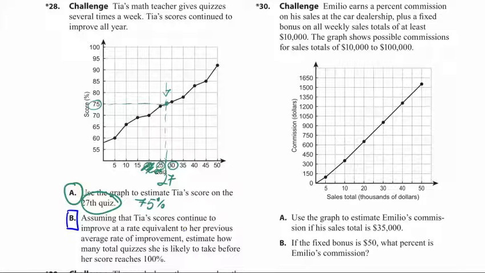Assuming that Tia's scores continue to improve at a rate equivalent to her previous average rate of improvement, estimate how many total quizzes she is likely to take before her score reaches 100%. All right? How can we find that?